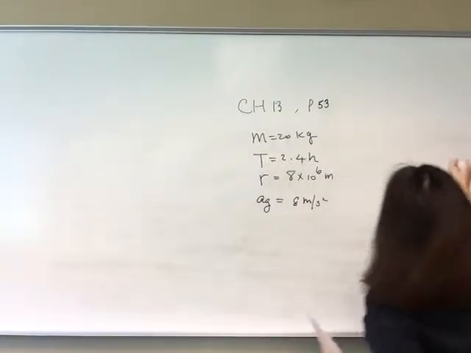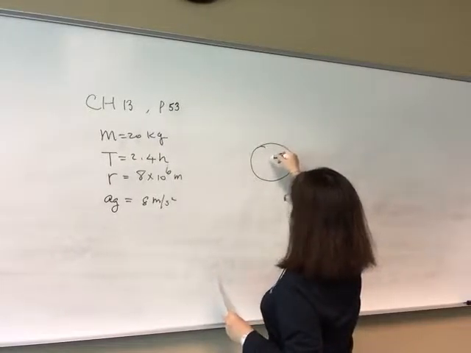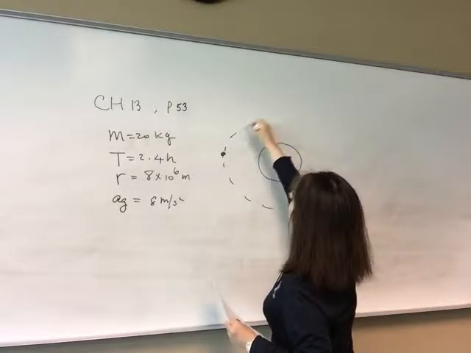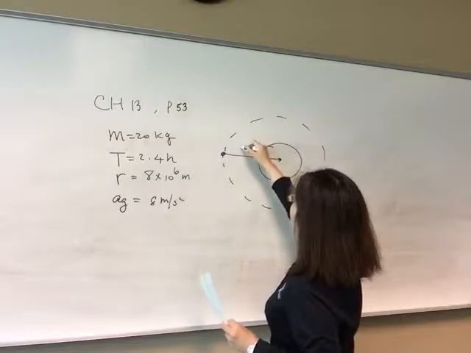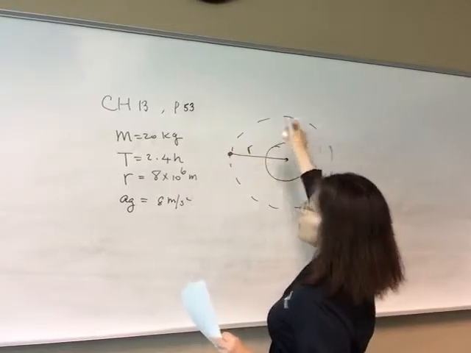So in other words, this is a diagram. You have a planet of unknown mass, and a satellite that's orbiting around it. The radius of the orbit is given, and the period of revolution is also given.